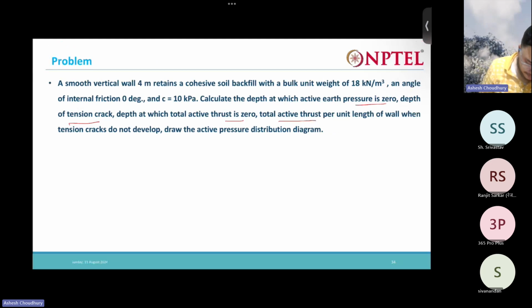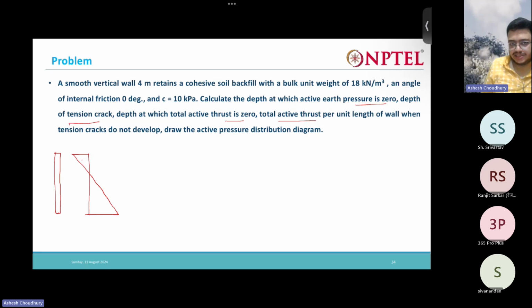So we have a wall like this. Generally for a c-phi soil, the variation of active earth pressure, you might know, is like this. So this part is in tension.